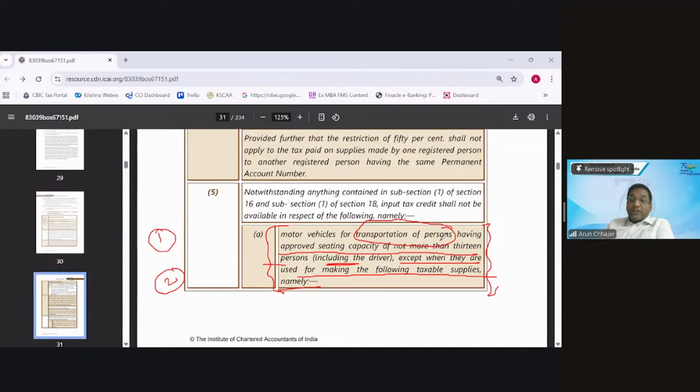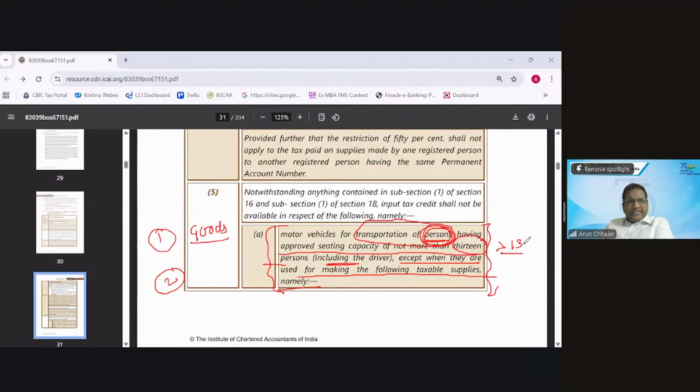It is used for transportation of persons. If I use it for goods, I will get ITC. If I am purchasing a truck for transportation of goods, will the ITC be allowed? Answer is yes, it will be allowed. And second, if my motor vehicle is more than 13 seater, then ITC would always be allowed.